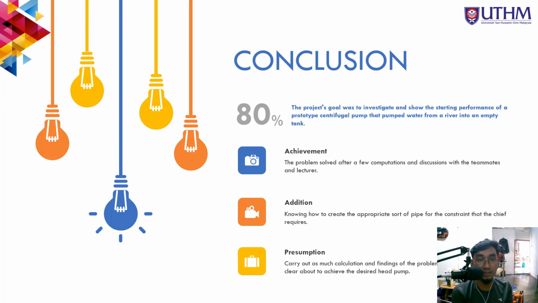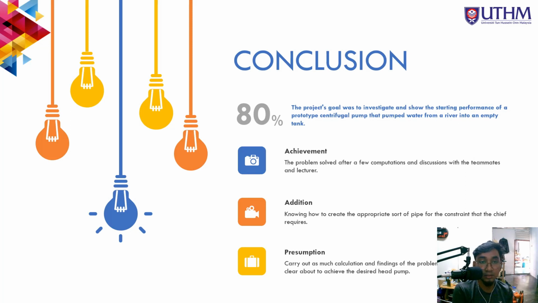Finally, this investigation yields several conclusions. The project's goal was to investigate and show the starting performance of a prototype centrifugal pump that transmits water from a river into an empty tank. Several calculations and designs were performed based on the understanding of turbomachinery. The problem was solved after a few computations and discussions with the teammates and lecturer.